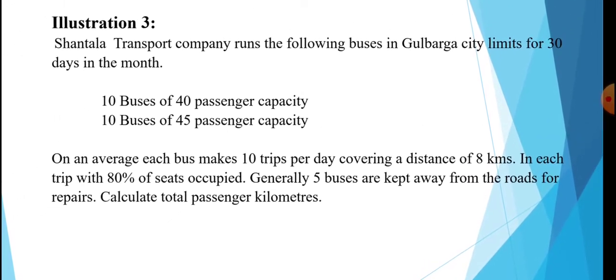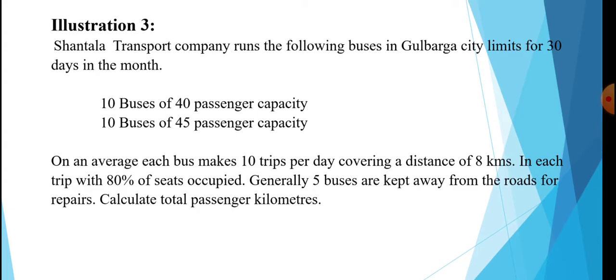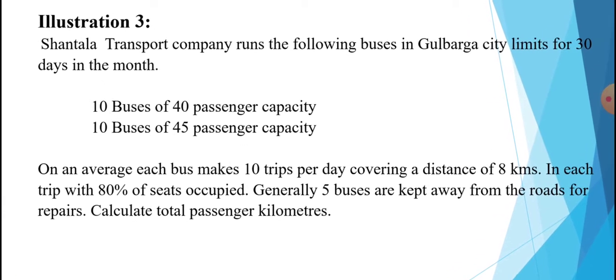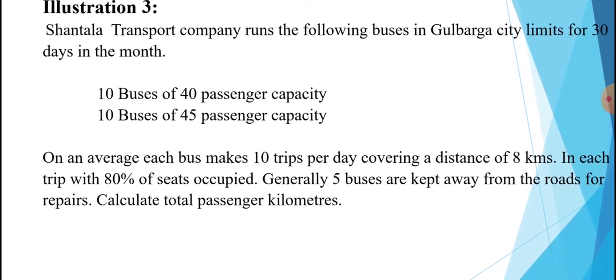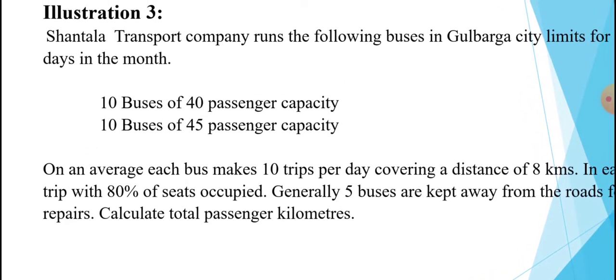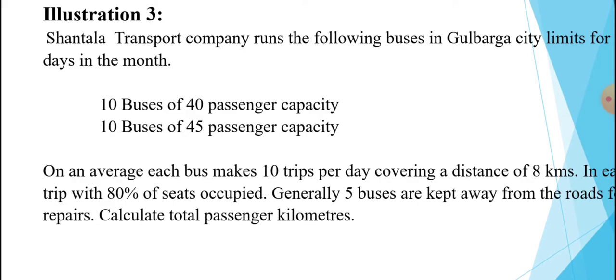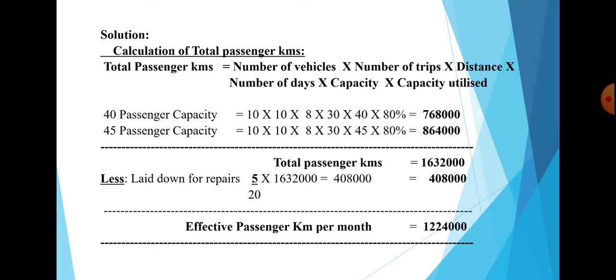For this calculation we need number of vehicles, number of trips, distance, number of days operated, capacity and capacity utilized. We have to calculate separately for these two capacity buses: one is 40 passenger capacity and another is 45 passenger capacity.